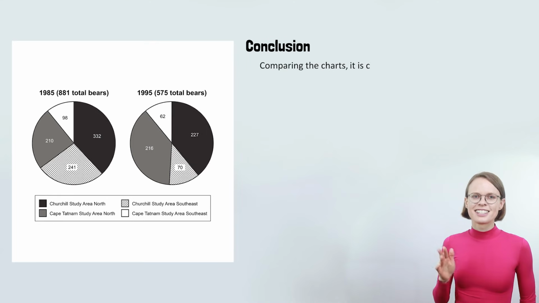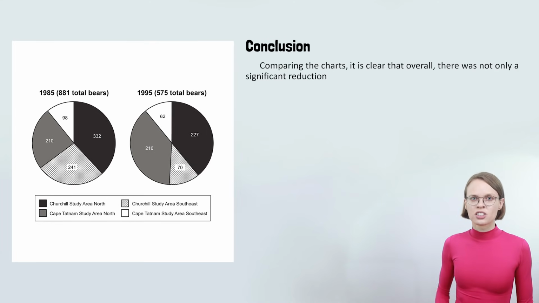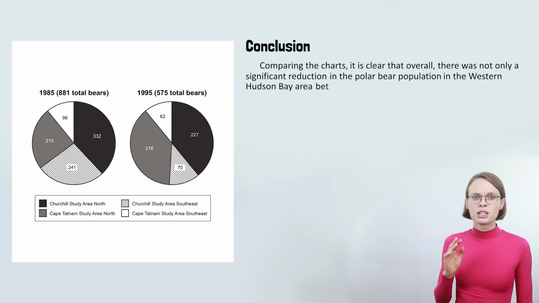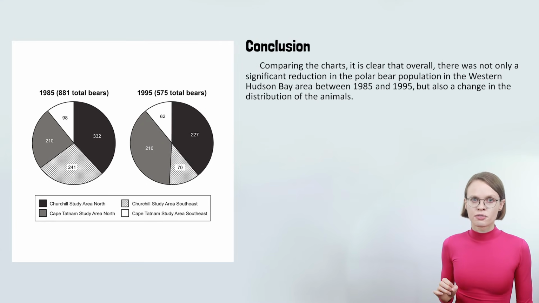Comparing the charts, it is clear that overall there was not only a significant reduction in the polar bear population in the western Hudson Bay area between 1985 and 1995, but also a change in the distribution of the animals. A conclusion is not required in Task 1, but it makes your answer sound more complete and more professional. It isn't hard for me to write a conclusion because I use a sentence starter from my template.